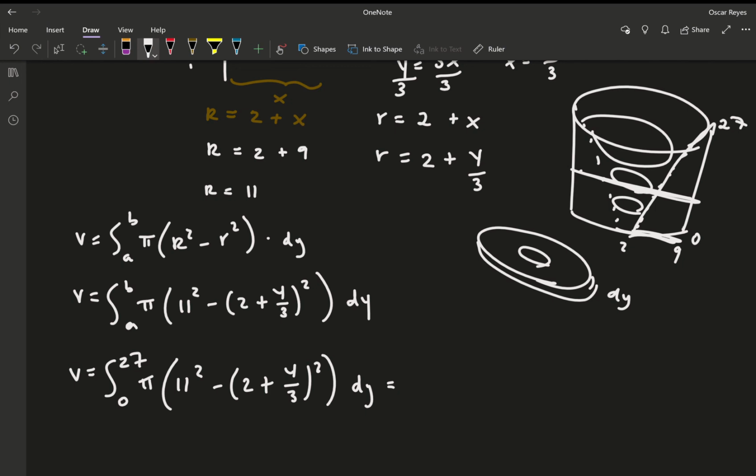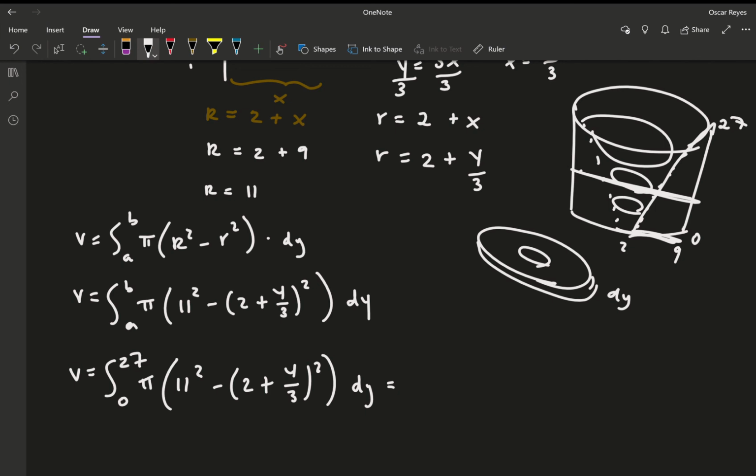Now, if we go ahead and plug this into our calculator, and my calculator has an integration button, I'm going to put 11 squared minus parentheses 2 plus y over 3 close the parentheses squared, close the parentheses again, between 0 and 27.